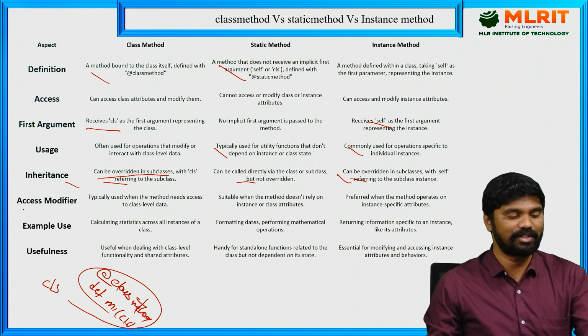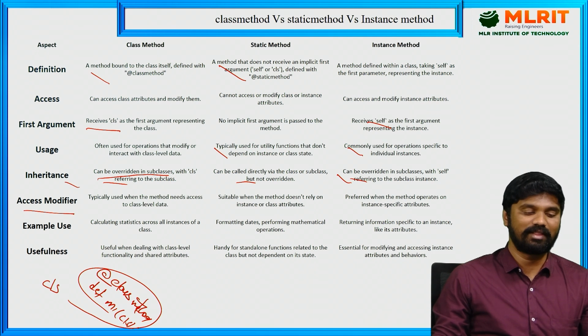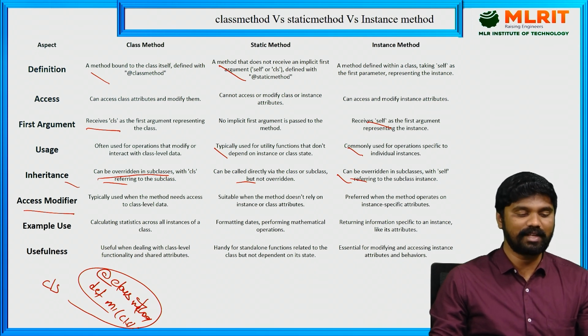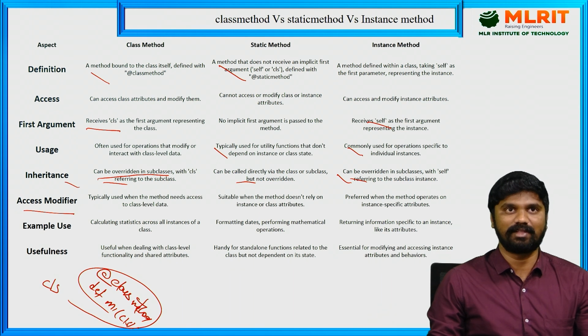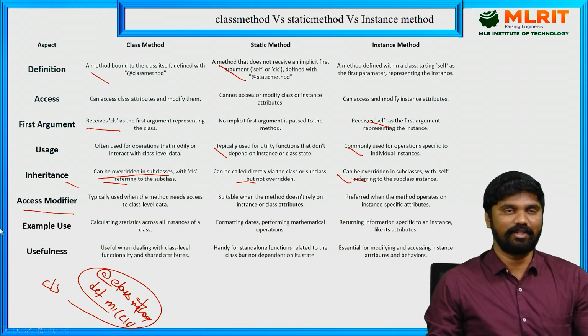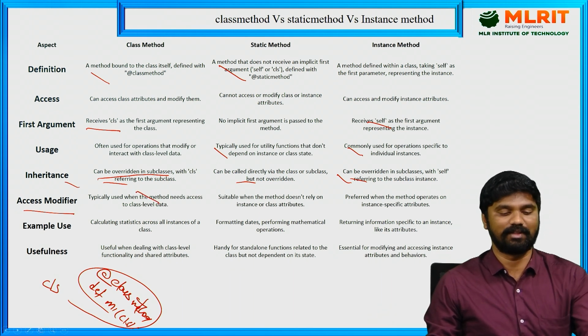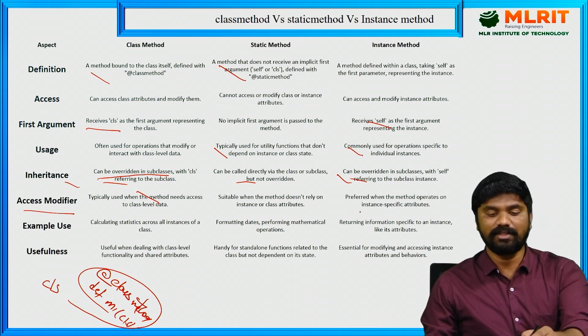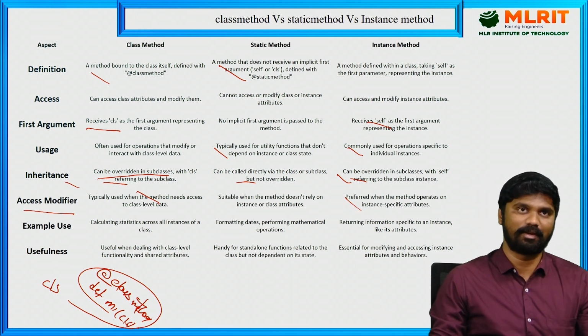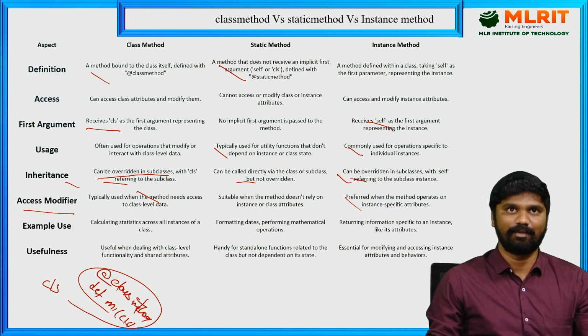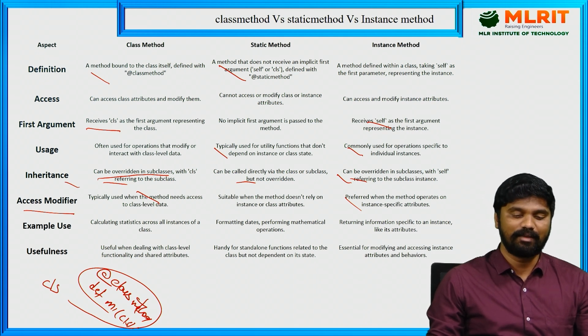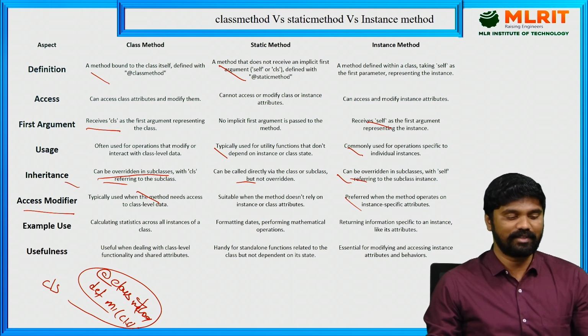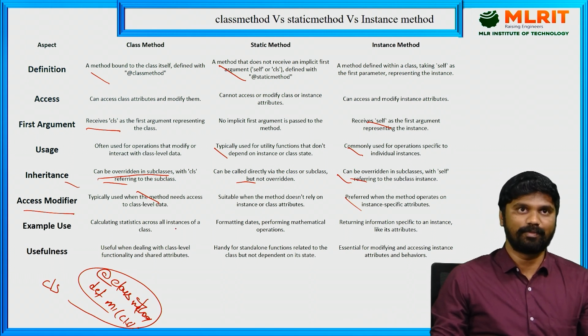Here is the access aspect. When a method needs access to class level data, for example, if you want to access class level data, then you can use the class method. And if you want to use instance level, that is object level variables, then use the instance method. Next, an example: calculating statistics across all objects of a class.